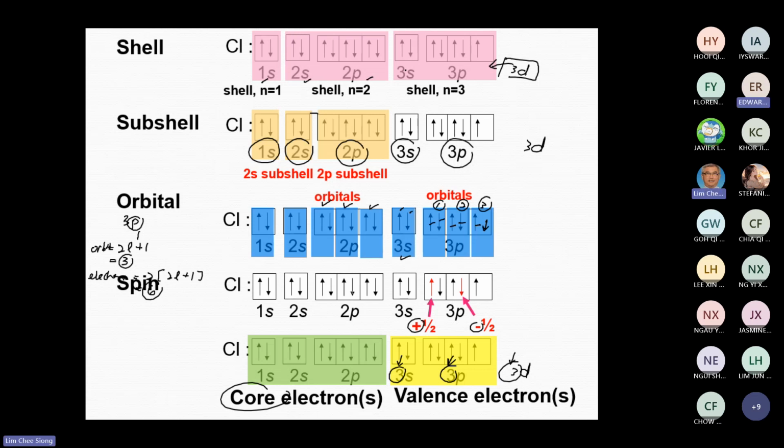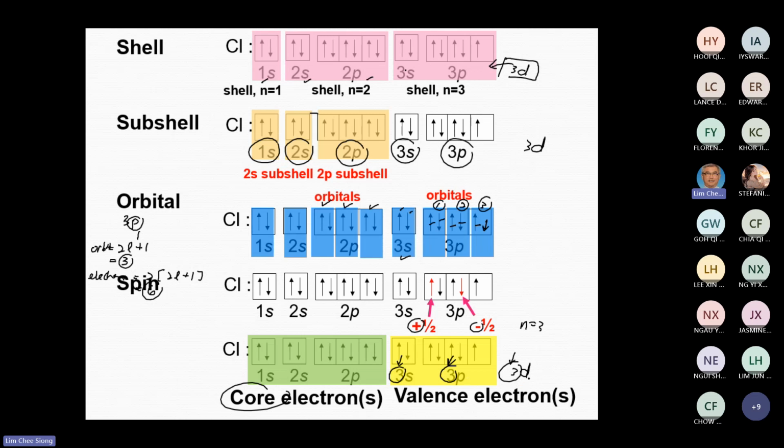Teacher, are the valence electron and the last valence electron the same meaning? Okay, thank you. If it's under valence electron, it refers to the outermost n number. For example, here we have n equal to 3, so overall here we call it valence electron.